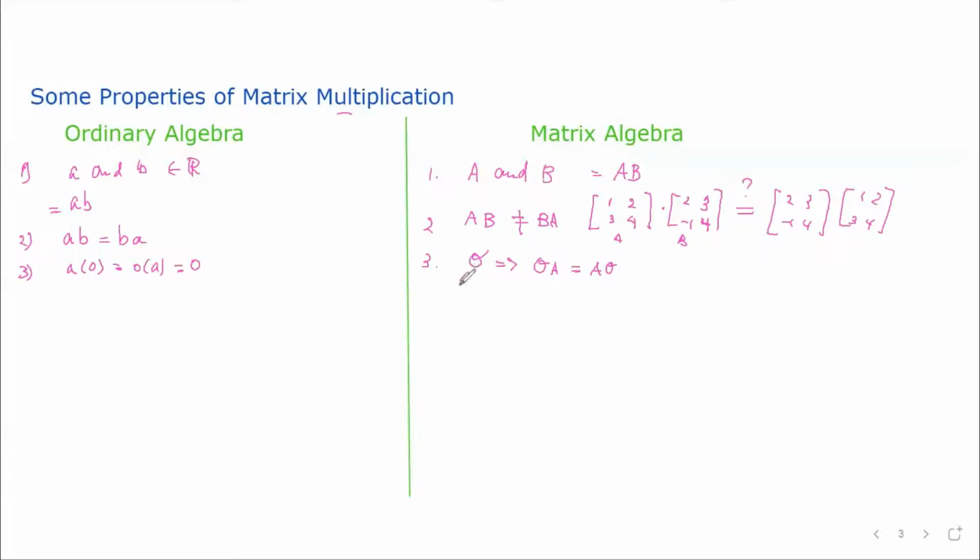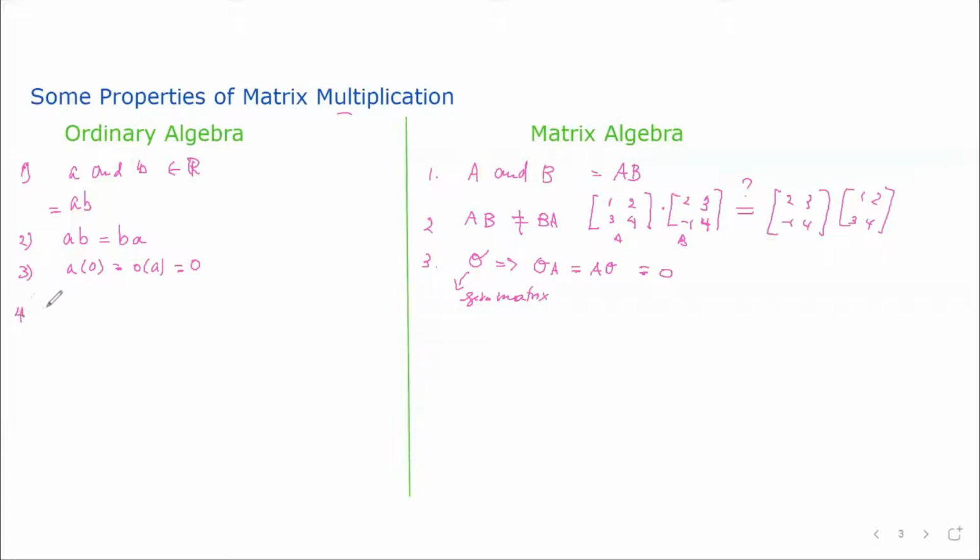Because I gave this name as a 0 matrix. It's a 0 matrix. So in this case, the result is going to be equal to 0. This holds for all matrices A. This one has the same idea.